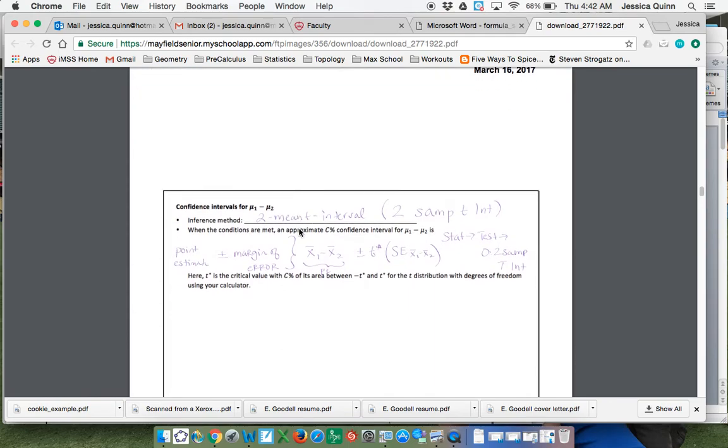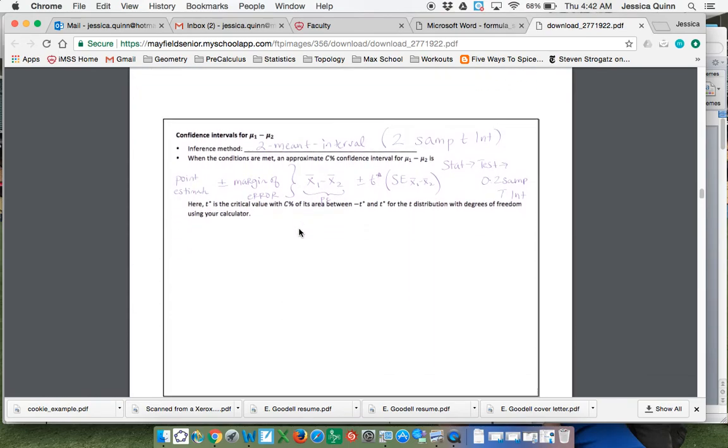So when we have met the conditions and we're ready to do a confidence interval, the method that we're going to do is a two mean t interval or a two sample t interval. In our calculator, it's under stat, test, and then looks like that's 0. We'll check when we look at the calculator, but I'm pretty sure it's 0, and then it's two sample t int.